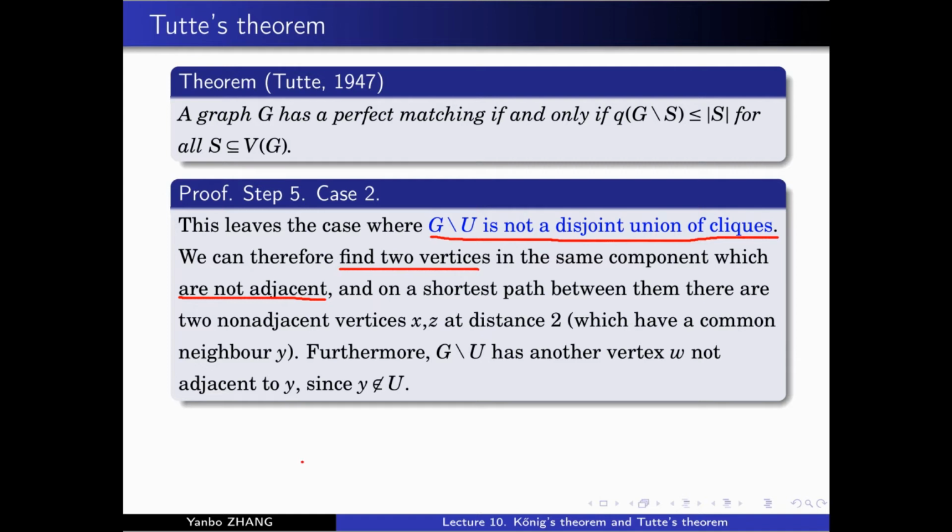For example, X and A are not adjacent. Then there is a shortest path from X to A. We can find a shortest path from X to A.